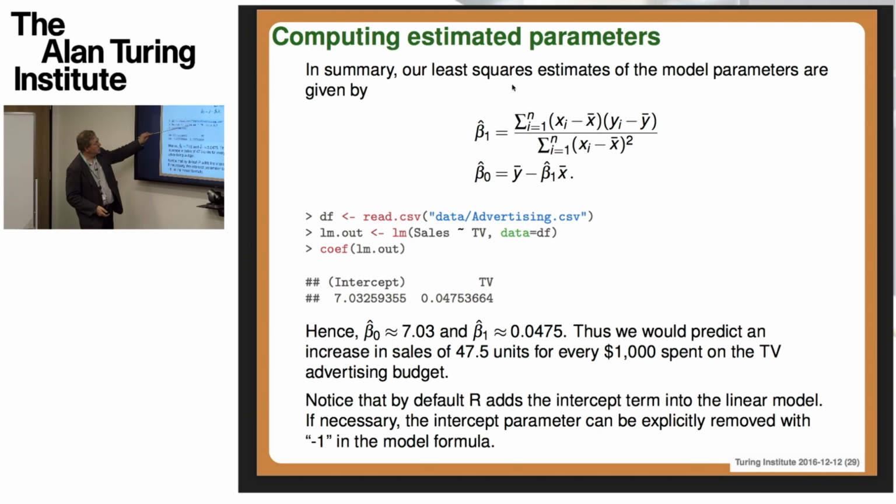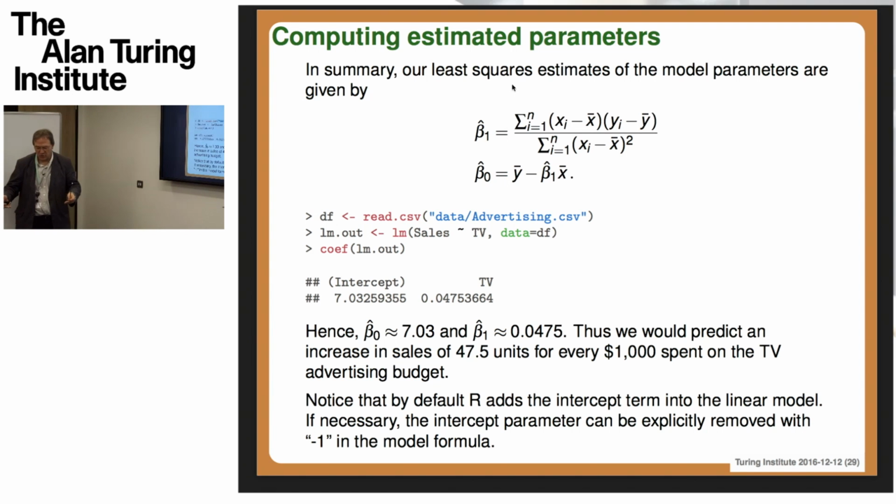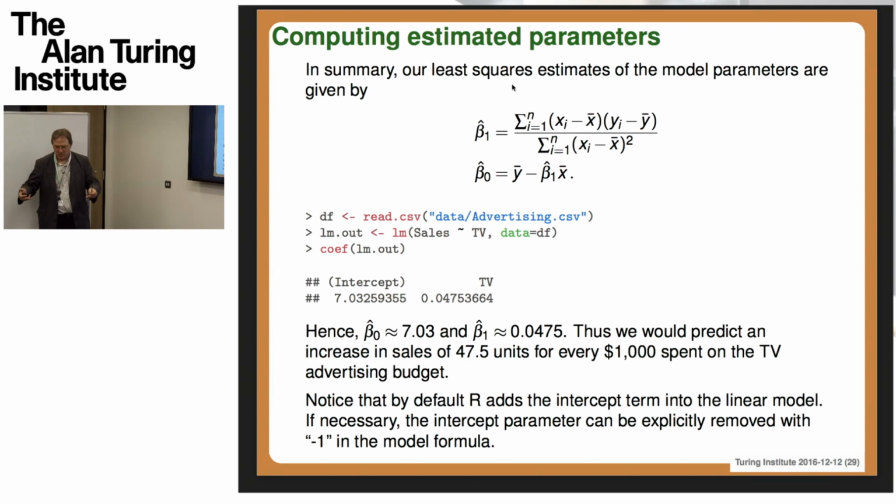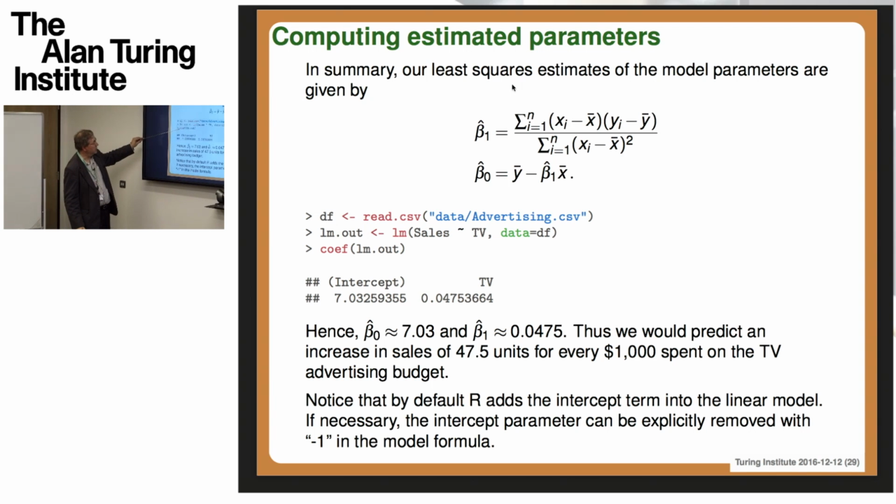So the return from that, let's say lm.out, is an R object that has many components to it, but embedded in those components is the information about the coefficients, the betas, for example. One can obtain that through the function coef on the return value lm.out, and it will list for you the beta naught and the beta 1.